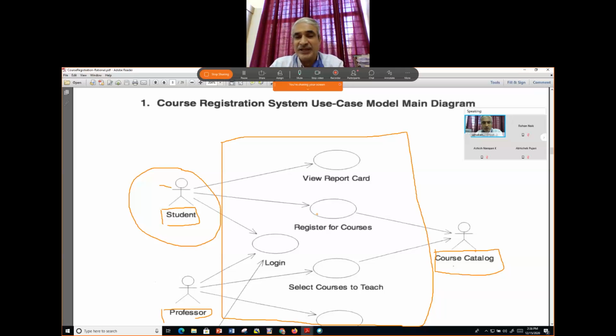Now look at the functionality. It is written outside here. Sometimes people write inside also. Here, it's better you write inside, not outside. The name of the use case is nothing but the functionality. It refers to the services it provides. View report card: view is a service.